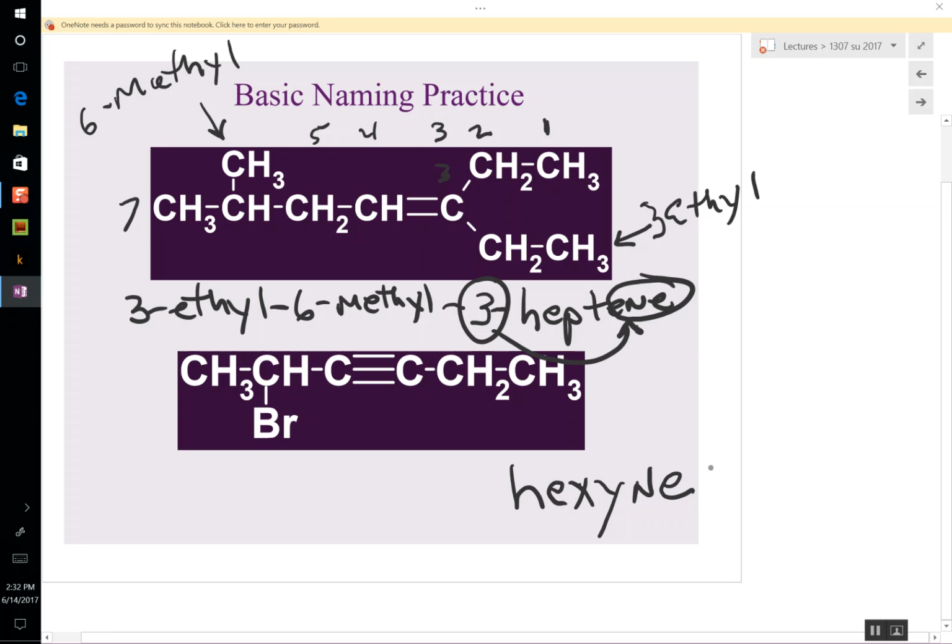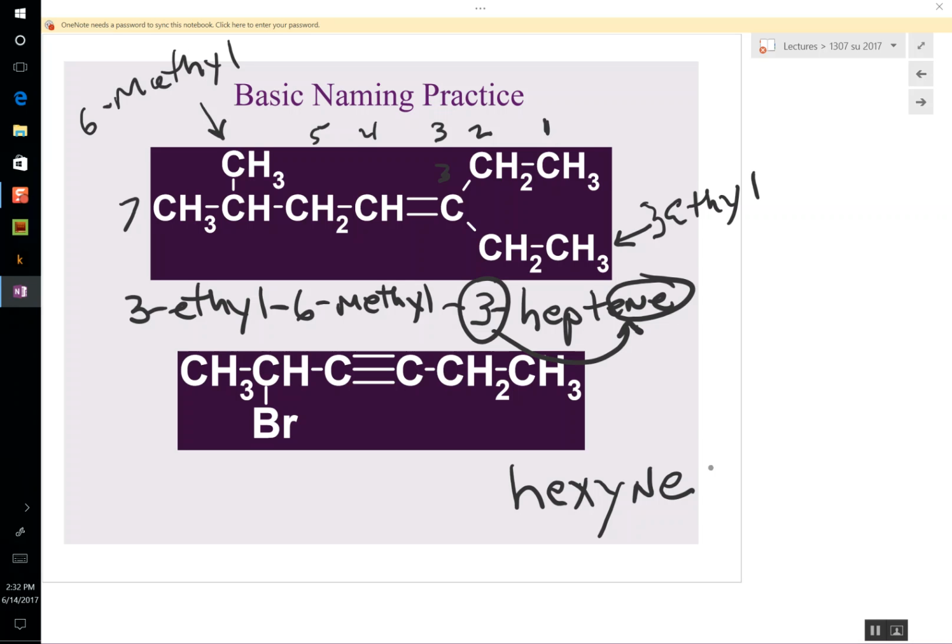All right, now, where does the triple bond begin? On 3. Now, this is a tricky molecule because that triple bond is right in the middle of the molecule.